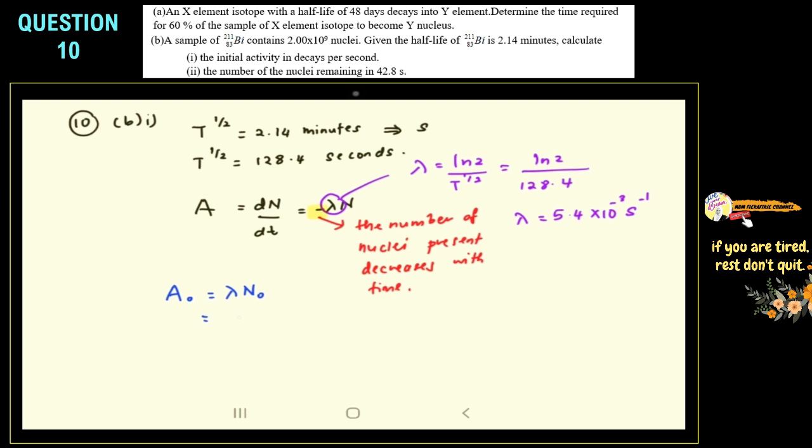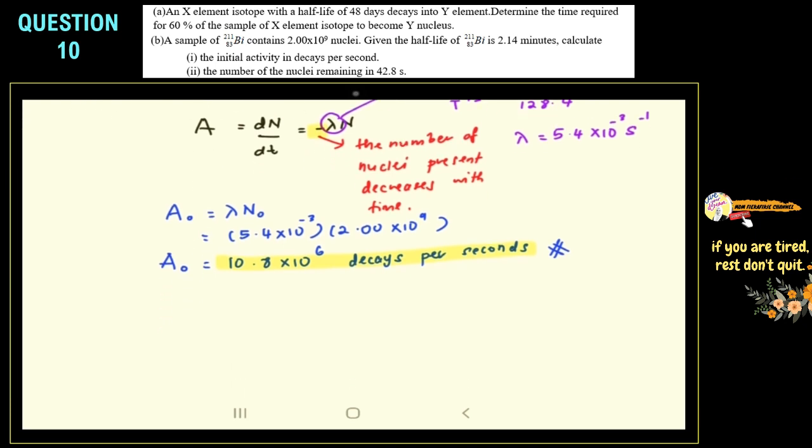Lambda is equal to 5.4 exponent negative 3, and given that the initial nuclei N naught is 2 exponent 9, the initial activity will equal 10.8 exponent 6 decays per second. So this is the final answer.